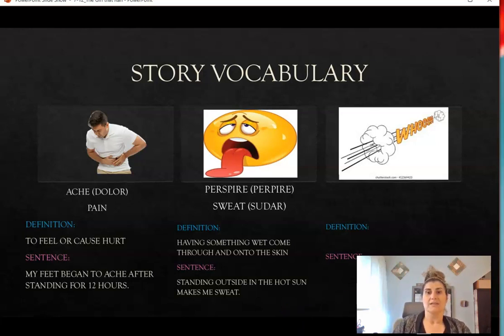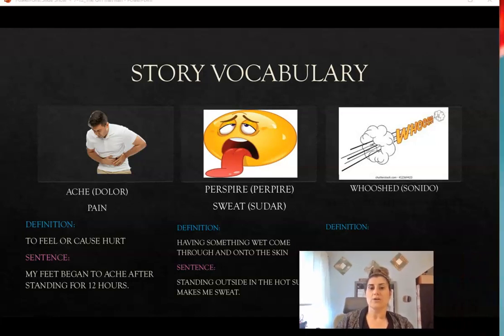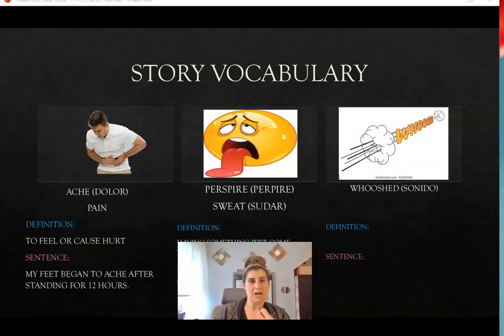All right. And the third one here is whooshed. Okay, so this is another type of figurative language where the word sounds like what it does. If you whoosh by somebody, you're going to go by them very quickly.